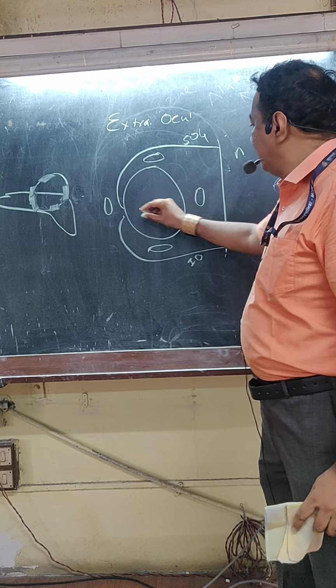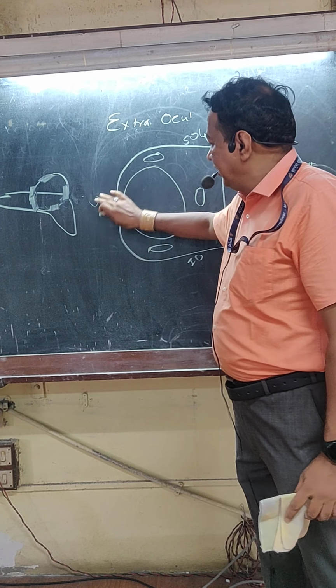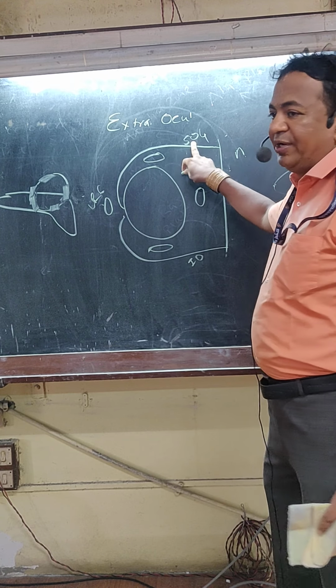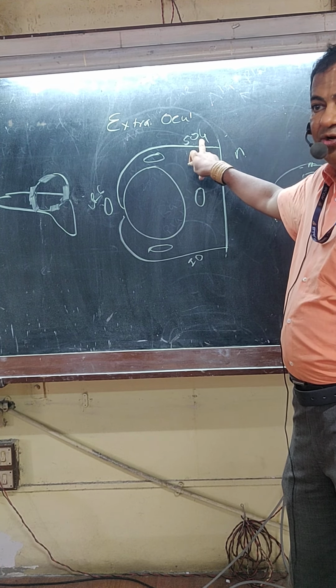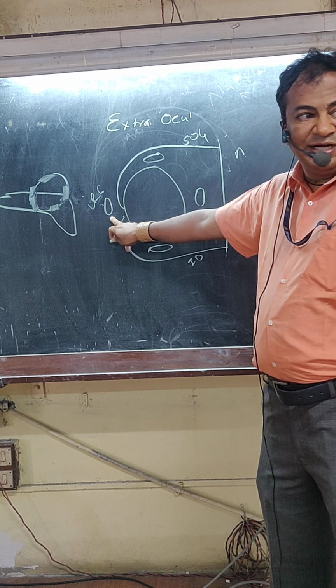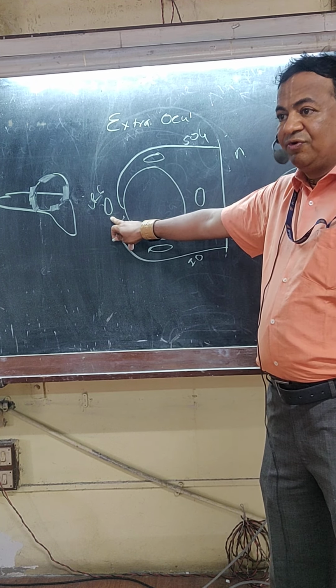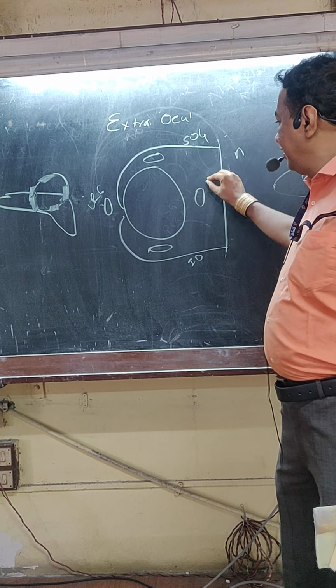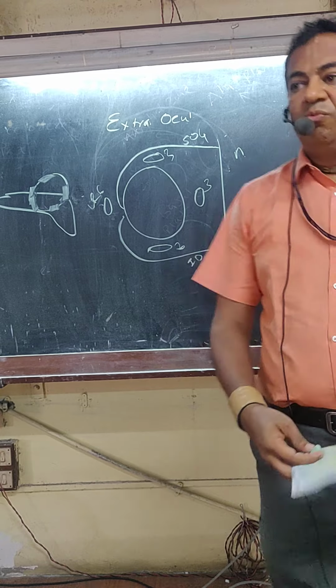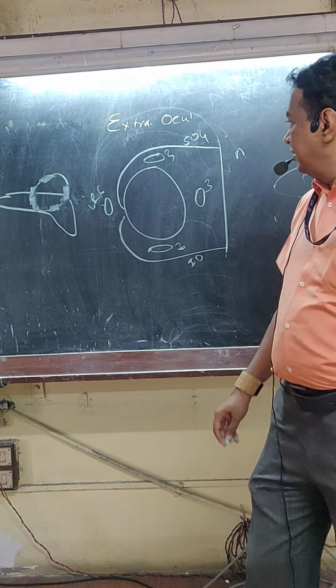SO4, LR6. Superior oblique is supplied by the 4th cranial nerve, trochlear. Lateral rectus is supplied by the 6th cranial nerve. SO4, LR6. Remaining all are supplied by the 3rd cranial nerve.